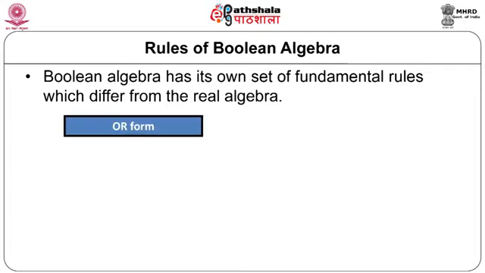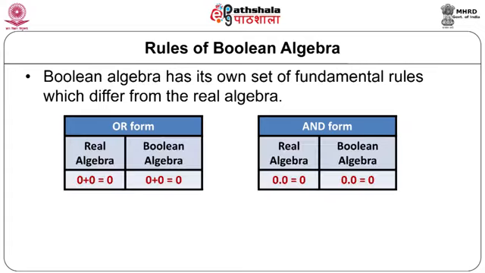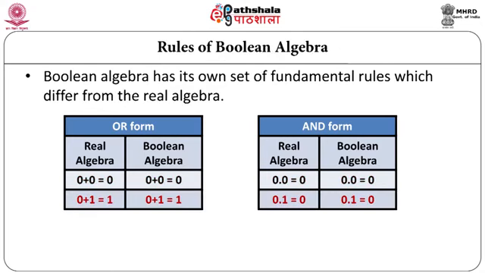The Boolean addition is equivalent to OR operation and Boolean multiplication is equivalent to AND operation. 0 ORed with 0 is equal to 0 as well as 0 ANDed with 0 is also 0. 0 ORed with 1 is 1.